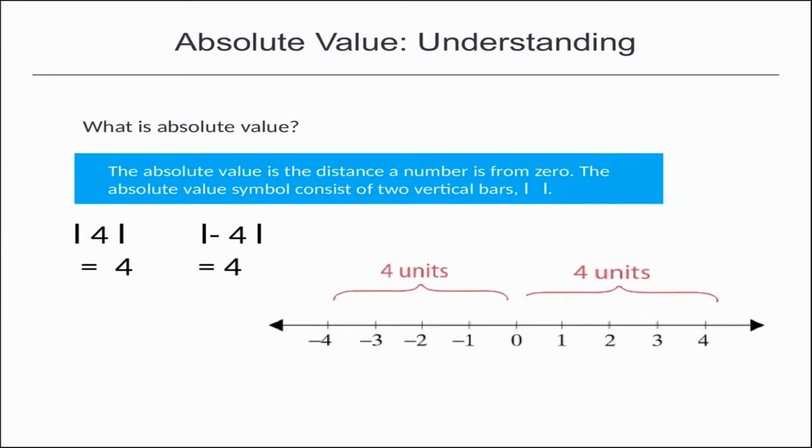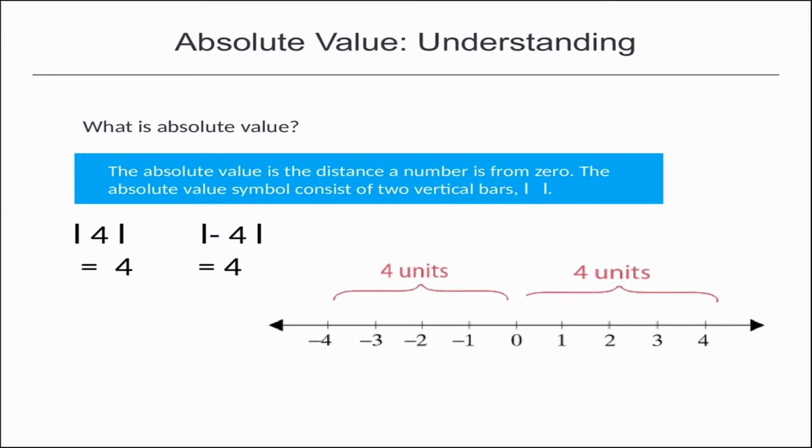Let's understand what an absolute value is. Well, what is an absolute value? The absolute value is the distance a number is from zero. The absolute value symbol consists of two vertical bars. So let's say we had the absolute value of 4 and the absolute value of -4. Well, the absolute value of 4 just means how far is 4 from 0.